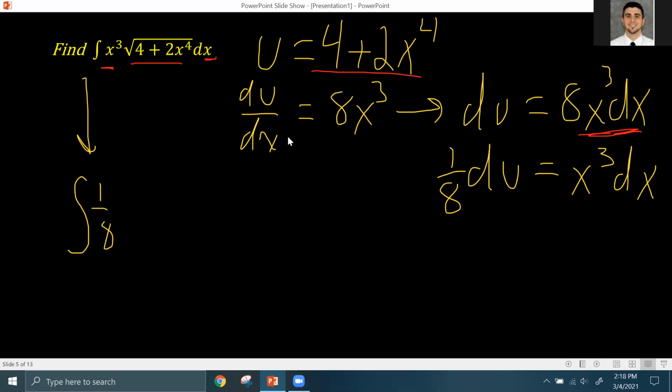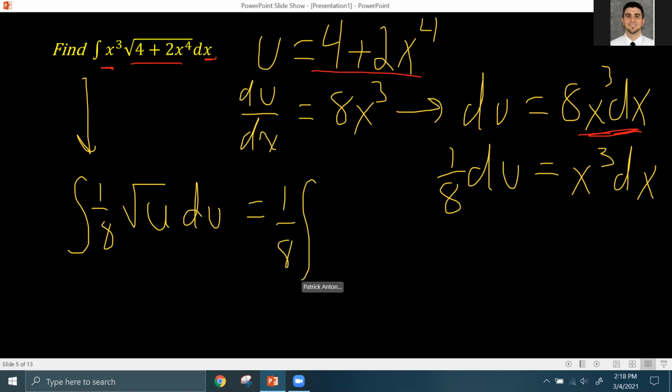The square root, the 4 plus 2x to the 4th, is going to be replaced with u. So you have 1/8 square root u du. Now everything is substituted in terms of u. I could rewrite the 1/8 as factored out, and then the square root can be written as the 1/2 exponent.